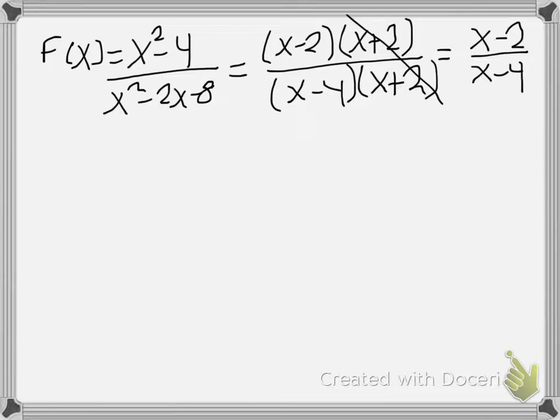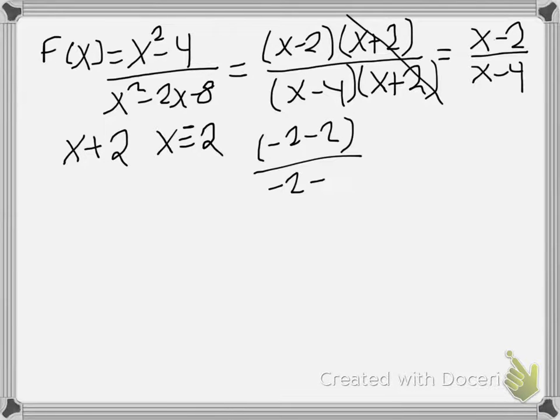So remember, this is x minus a, so we have x minus 2. So we're looking for x equals 2. So we are going to plug in x plus 2, because that was the factor that was common. So we're going to plug in negative 2. All right, so we're going to do negative 2 minus 2 over negative 2 minus 4. Negative 2 minus 2 is negative 4. Negative 2 minus 4 is negative 6.